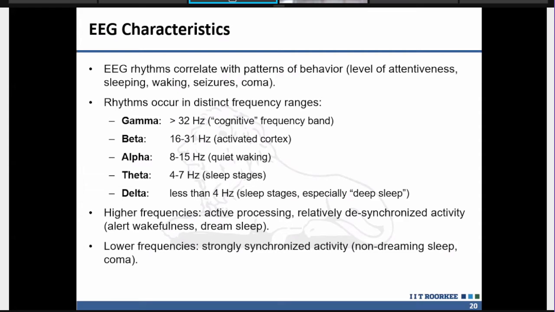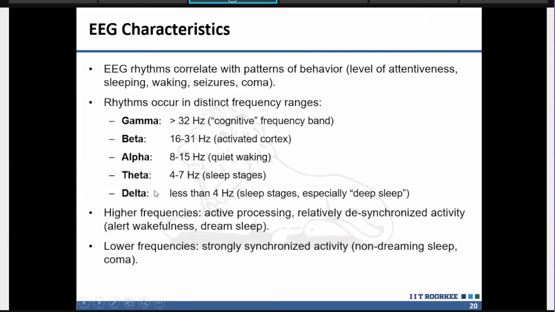For example, the signals could be decomposed into 0 to 4 hertz, 4 to 7 hertz, 8 to 15, 16 to 31, like this. And then you have the names delta, theta, alpha, beta, gamma.